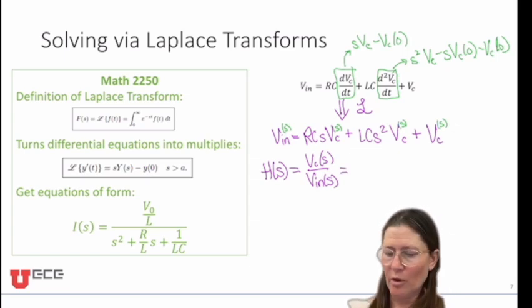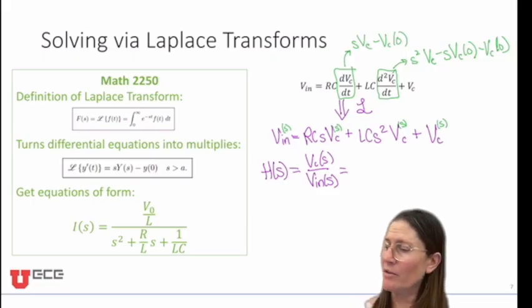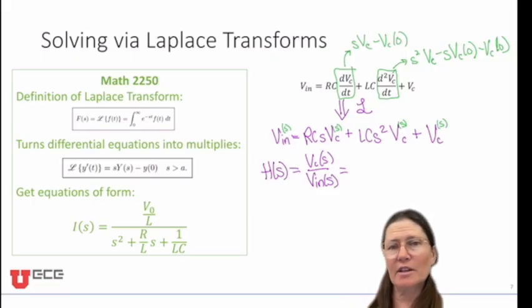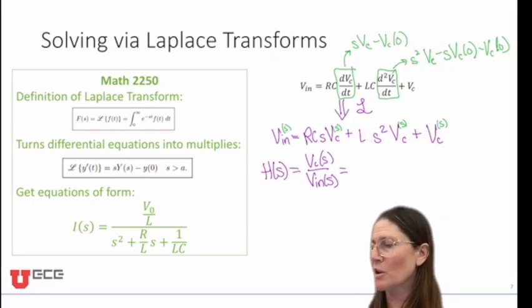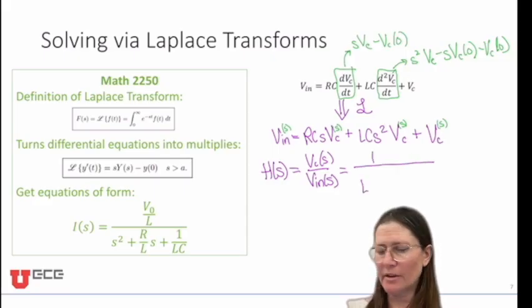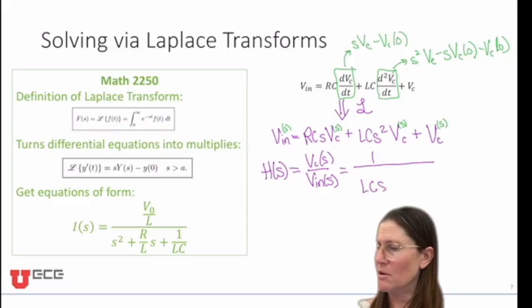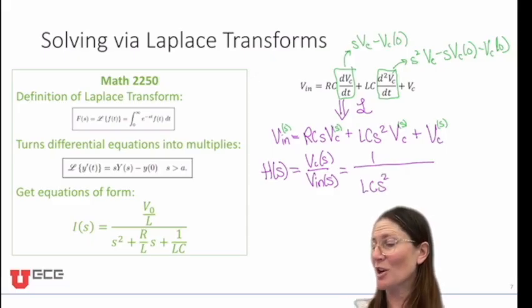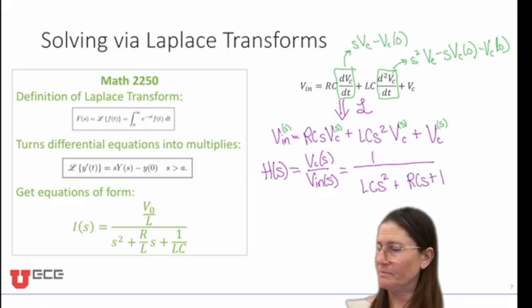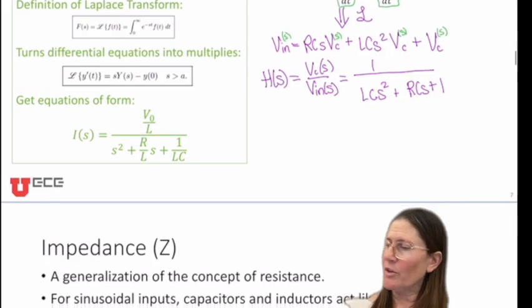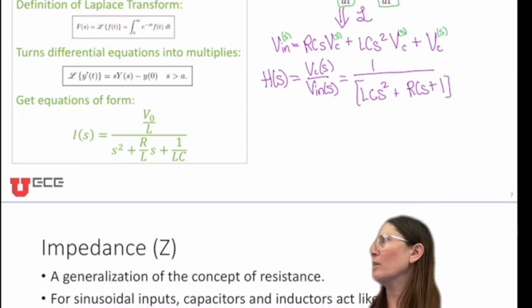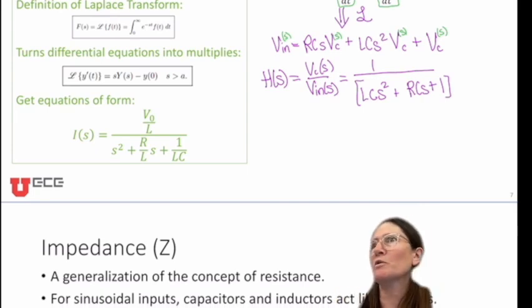So solving this for VC of s over Vin of s gives us 1 over LC s squared plus RC s plus 1. So this right here is our characteristic equation, and this looks familiar from our Bode plots, right?